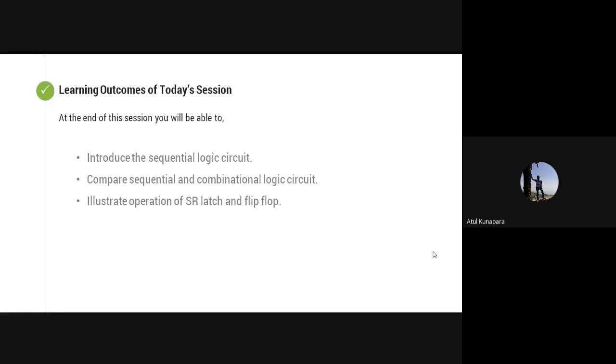After the comparison, we'll illustrate the operation of the smallest unit of sequential logic circuits, that is the SR latch and the flip-flops. These are the points of discussion and your learning outcomes.